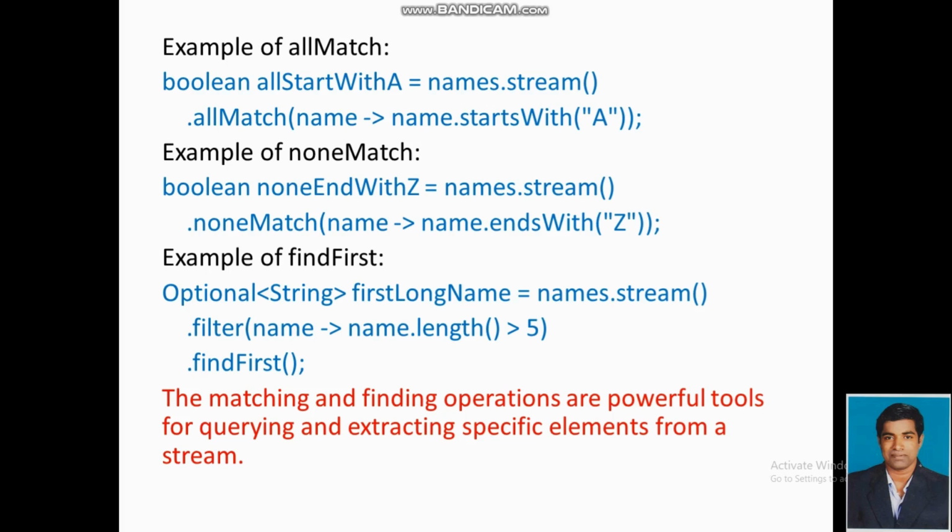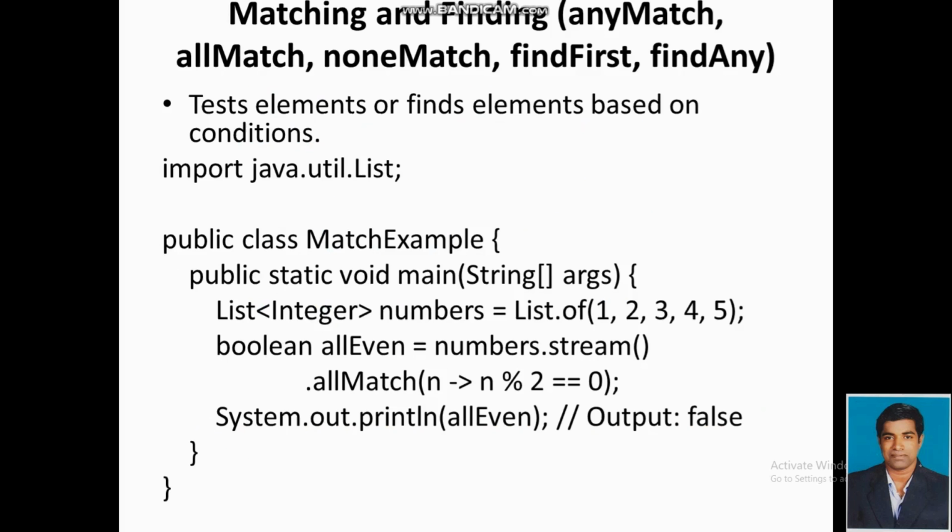After creating a stream, the filter method keeps only the strings with more than 5 characters, and the findFirst method fetches the first such string, which is stored inside firstLongName. The matching and finding operations are powerful tools for querying and extracting specific elements from a stream.